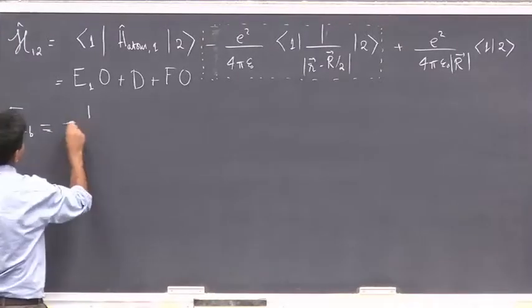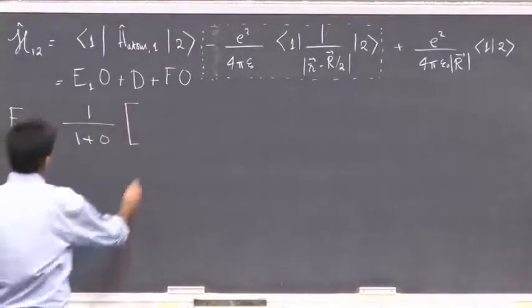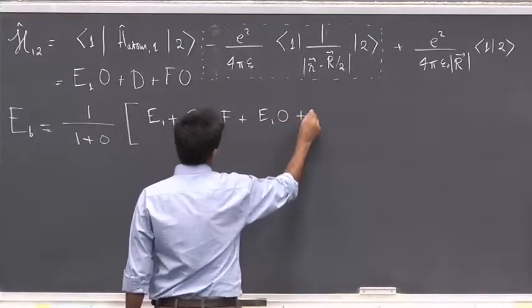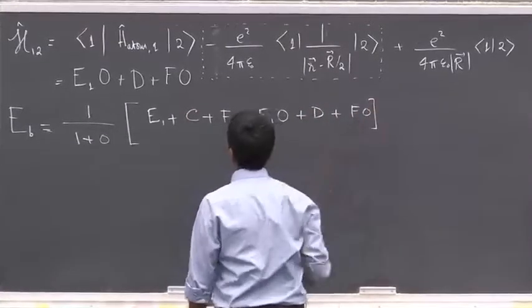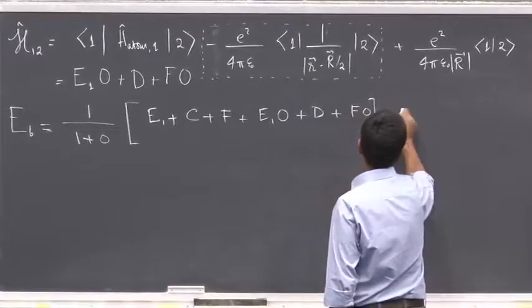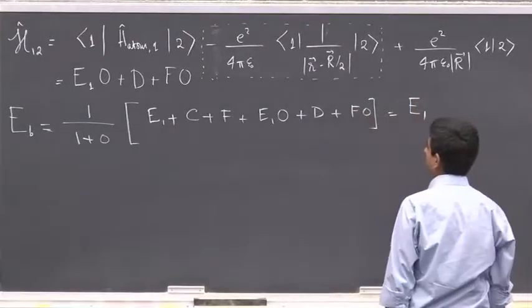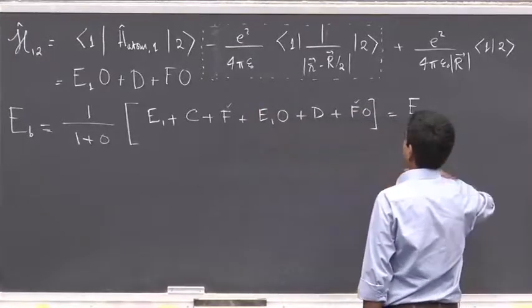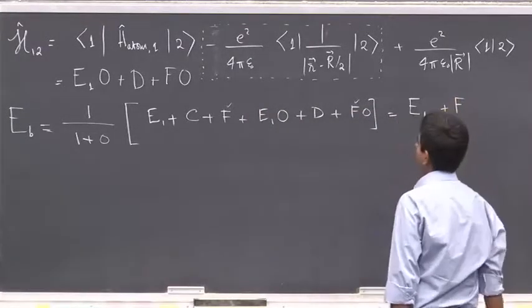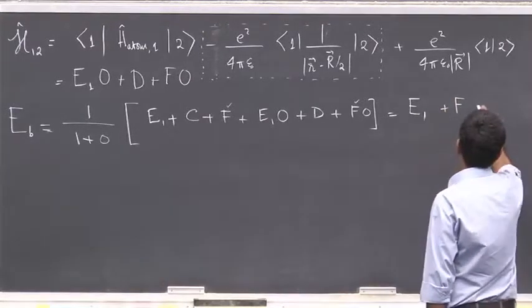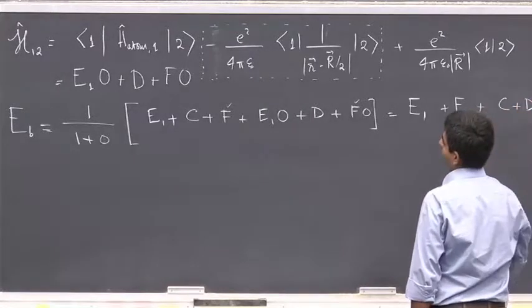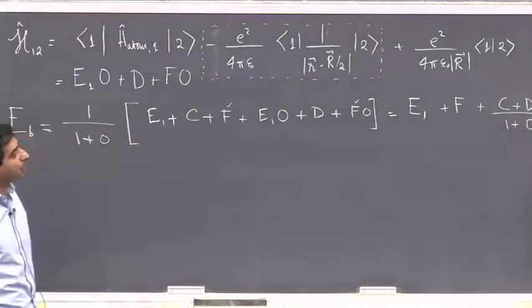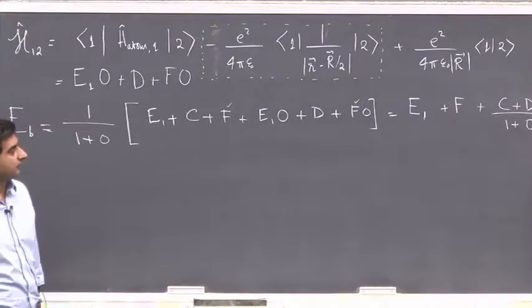So I have 1 plus O, then I have E1 plus C plus F, E1 O plus D plus F O. And when I evaluate this, I get E1 plus F plus C plus D over 1 plus O. This is the energy of the bonding molecular orbital.